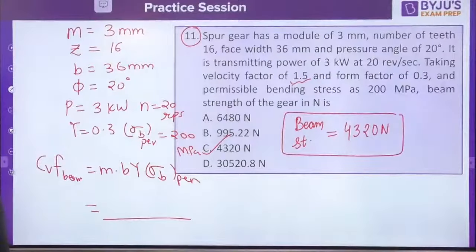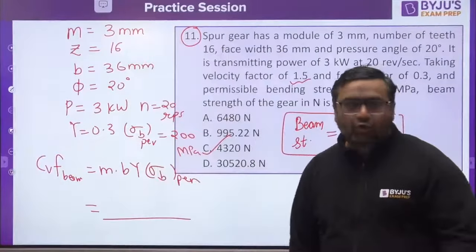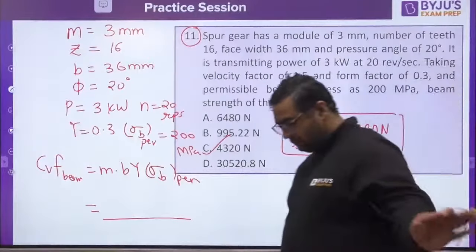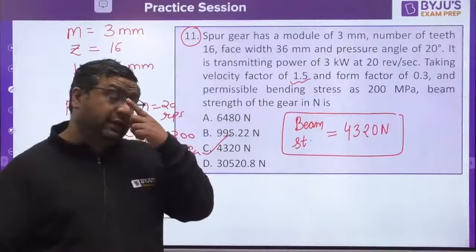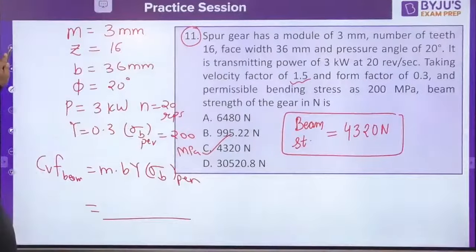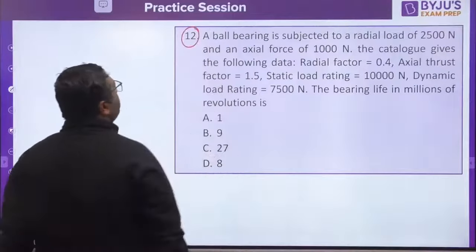Is it clear? 4320 Newton. Next question. Dear, it is from ball bearing.